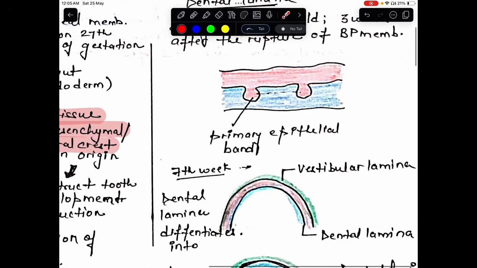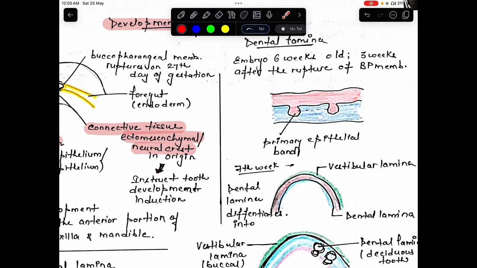And how this happens is, you have your mouth, which is entirely oral ectoderm, and then you will see these growths happening in this horseshoe shape. These happen in the horseshoe arc shape like this.